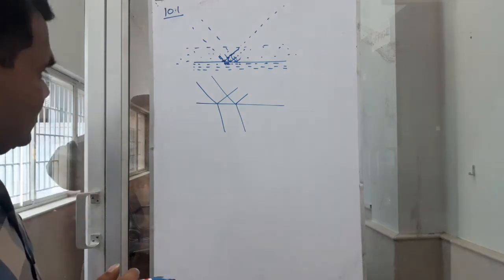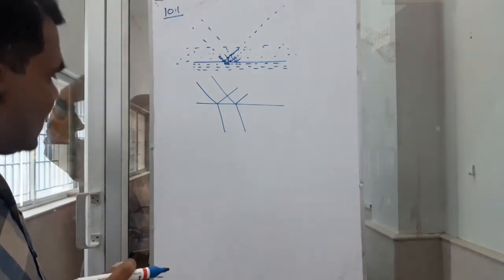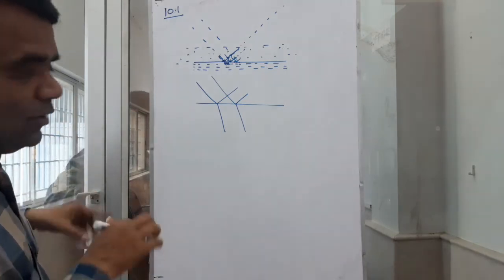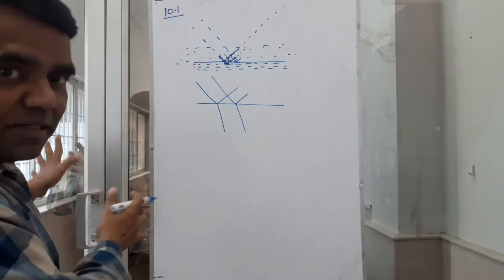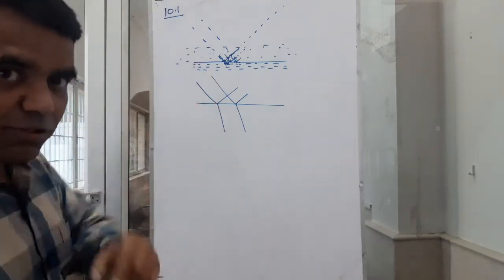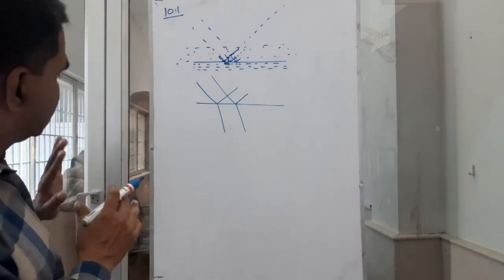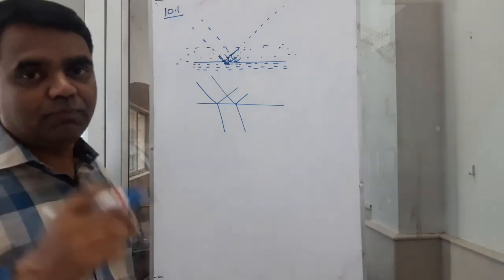So that is refraction. And if someone stands outside, then they will be able to see me standing here. So part of the light which is going from me is getting reflected back to you, and part of it is going through the glass.